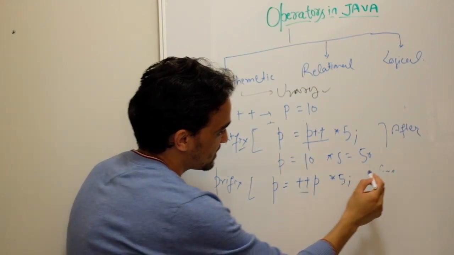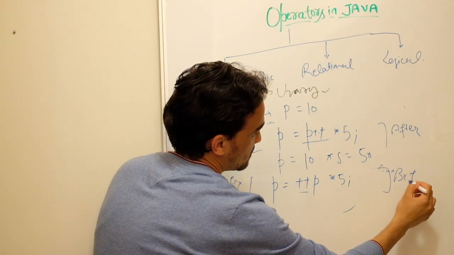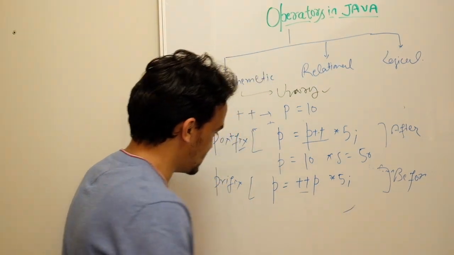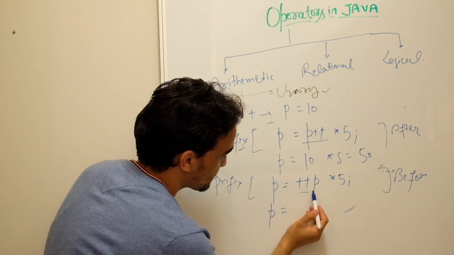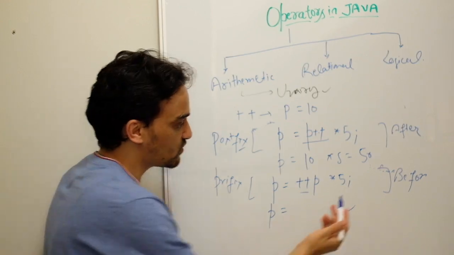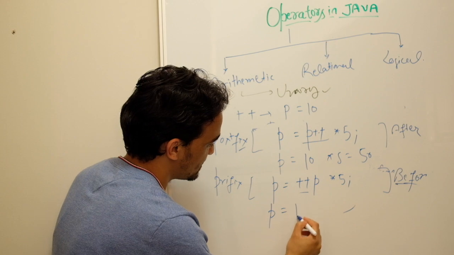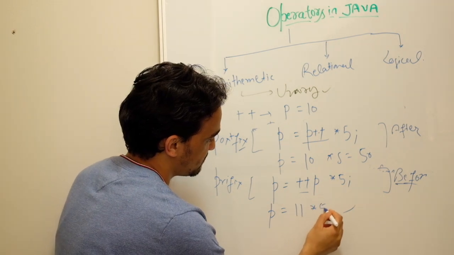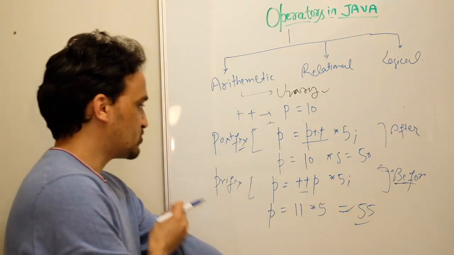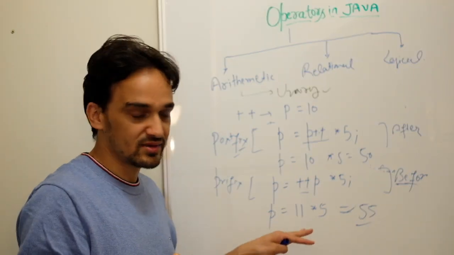Since the value changes before the operation, or before the assignment, p will first increase. So p was 10, it becomes 11, and 11 into 5 gives an output of 55. So the position of the operators, postfix or prefix, really matters.